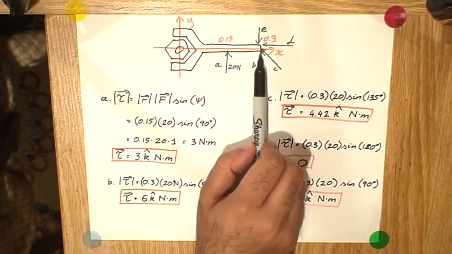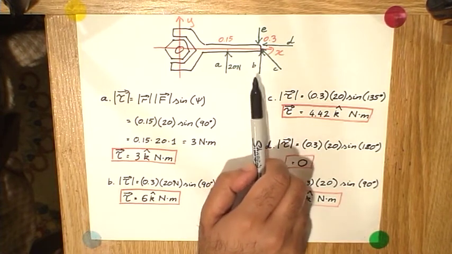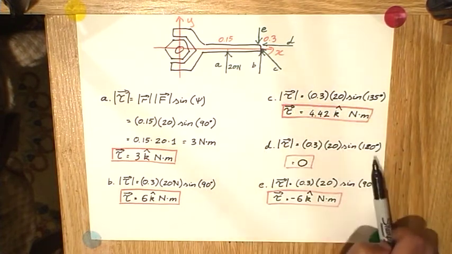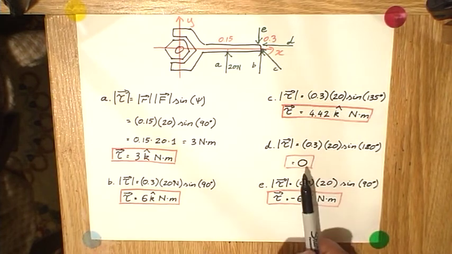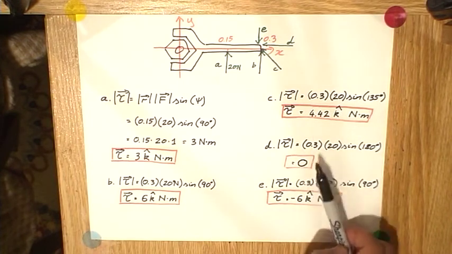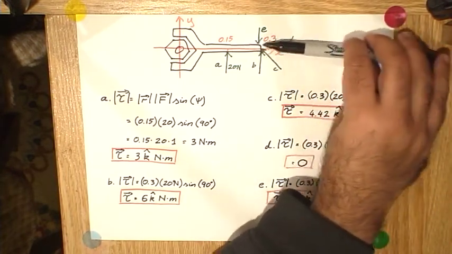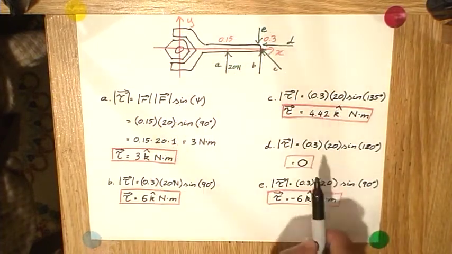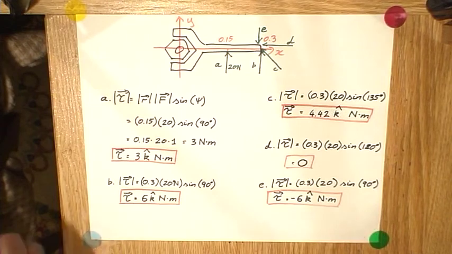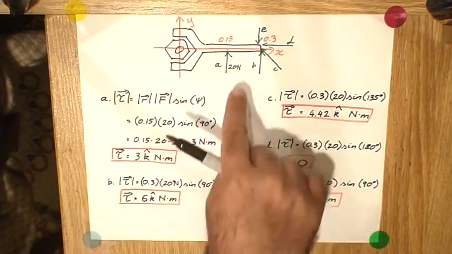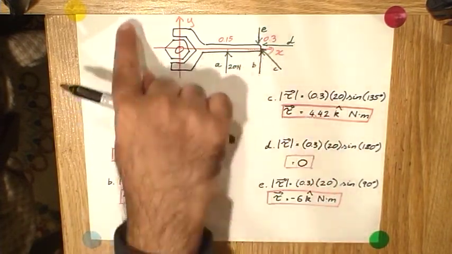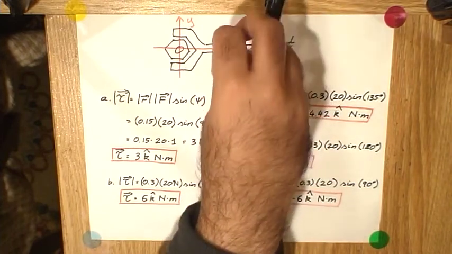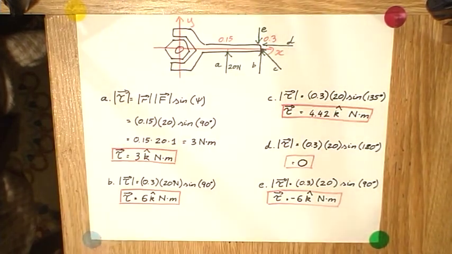But as the angle gets further and further away from 90 degrees, as it goes from 135 to 180 and so forth, you end up with a smaller and smaller torque until the angle of the force is exactly opposite the angle of the lever arm, and then you end up with 0 torque. And finally, we have seen a case where you end up with a negative torque because it's oriented in such a way that it produces clockwise rotation.